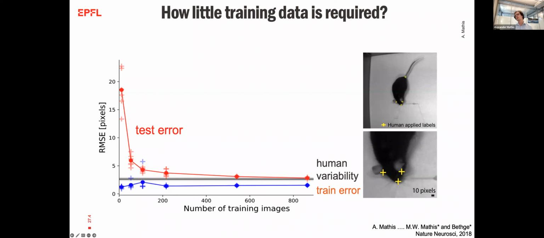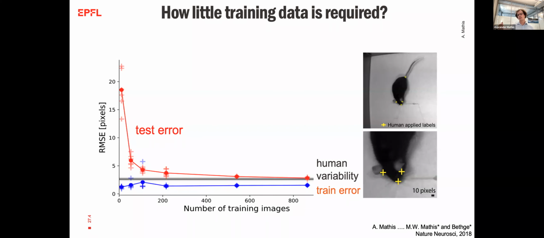And so what we wanted to now check is, can DeepLabCut actually be as good as a human on this task? And so for that purpose, we took, let's say 80% of the training data, that's roughly 800 something images. We obviously get there a training error, or not obvious, but it is a fact. We got a training error that is lower than human variability because these models are so powerful, they can just memorize the training set essentially.